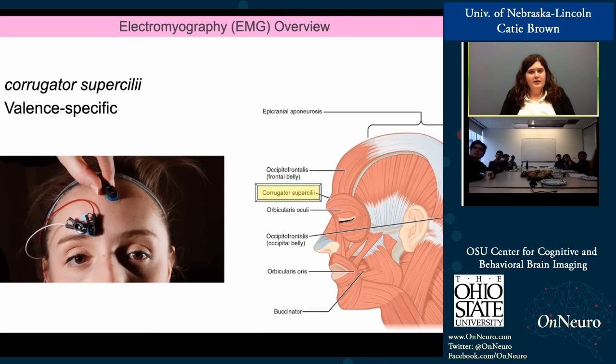So that way it gives us a nice objective measure of participants' valence. So they might say that they're feeling less negative. If they are feeling less negative, we'll see a corrugator decrease. And I'll talk more later on about the specific hypotheses that we had related to EMG, but for now I'll go into some details about the data collection and analysis process.